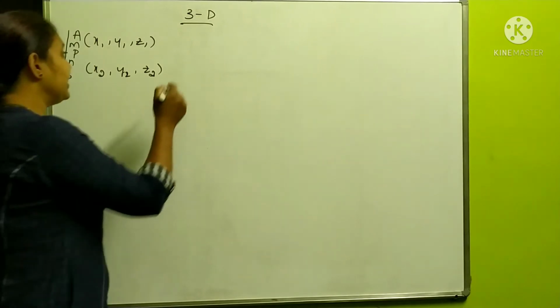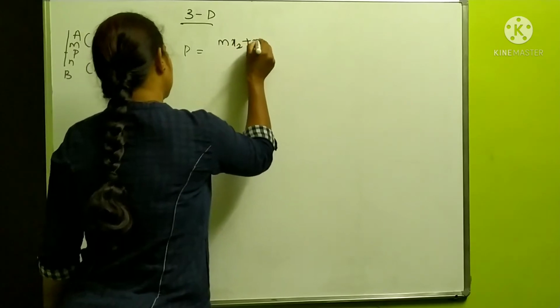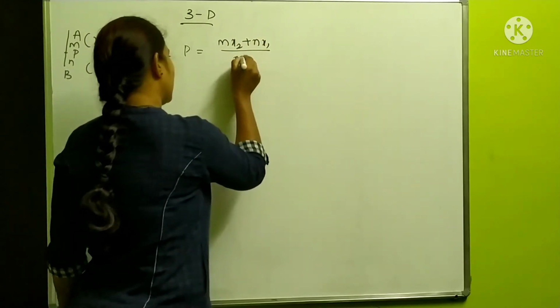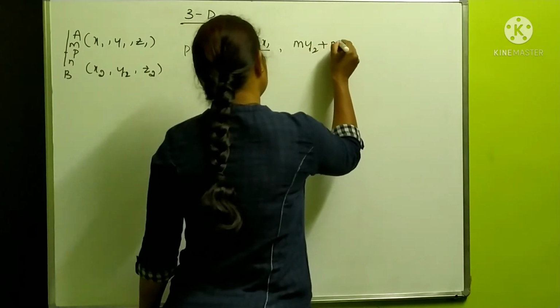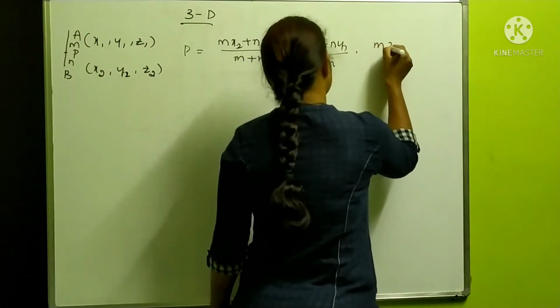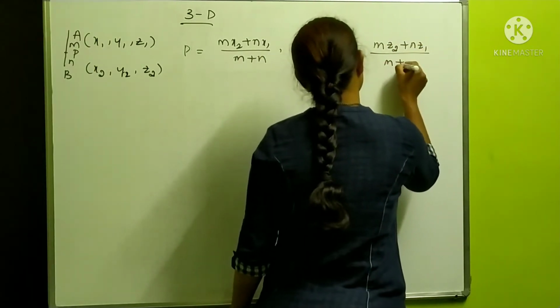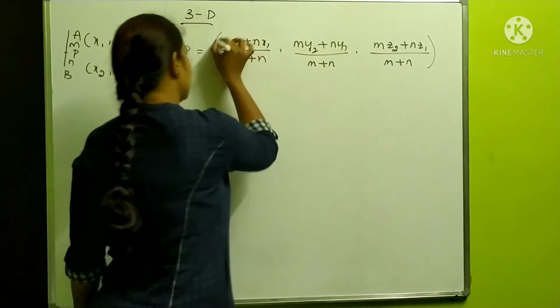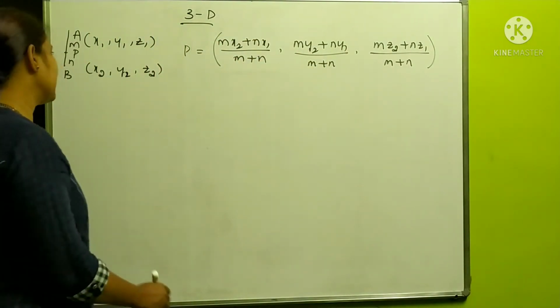Then the coordinates of P are given by (mx2 plus nx1) by (m plus n), (my2 plus ny1) by (m plus n), (mz2 plus nz1) by (m plus n). This is internal division in the section formula.